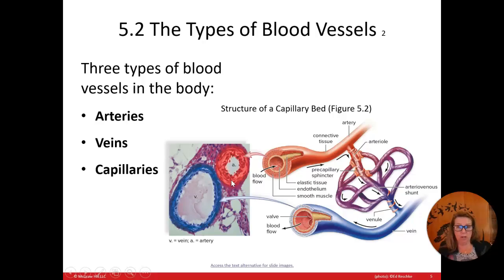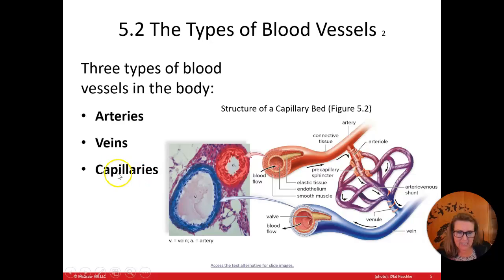And there's going to be a reason why, so we'll come back to that. Take a look at the vein. It also is going to have some smooth muscle, but overall the vein, while it can be much larger, actually has a smaller wall, so a smaller amount of smooth muscle tissue.